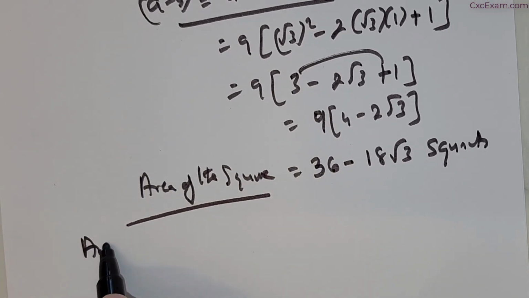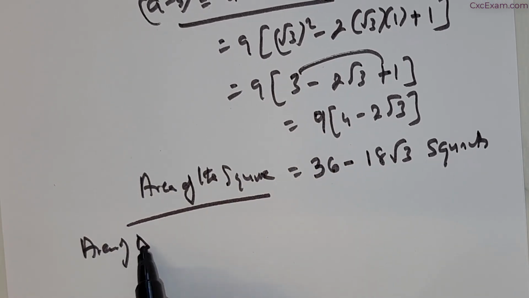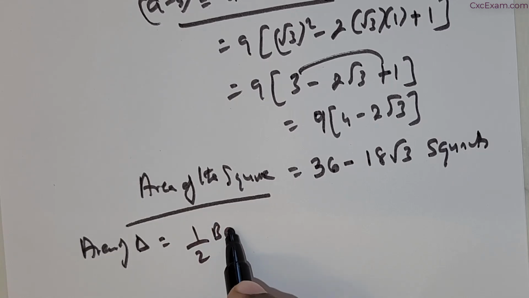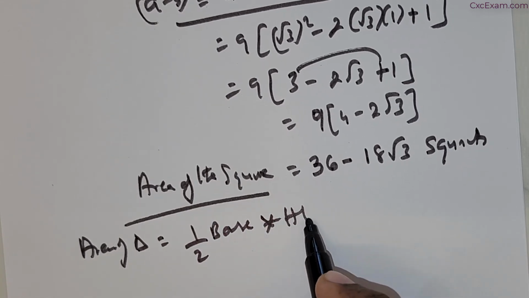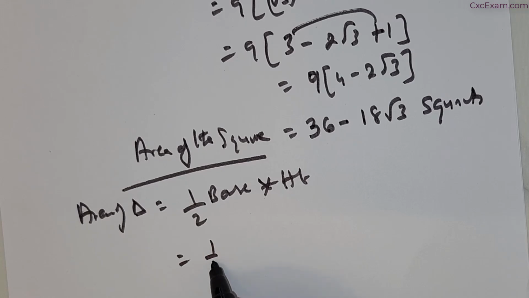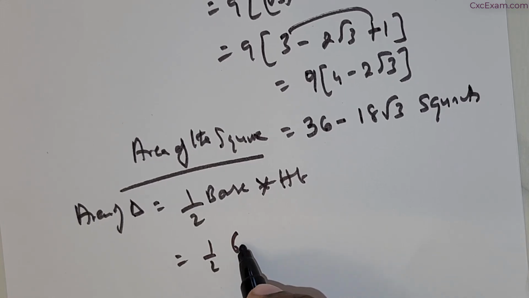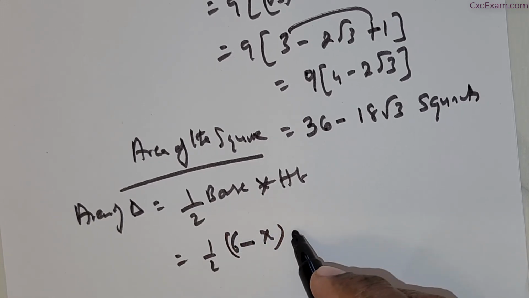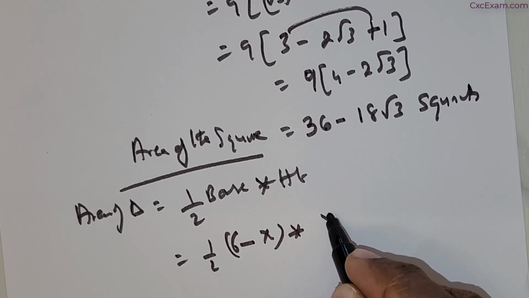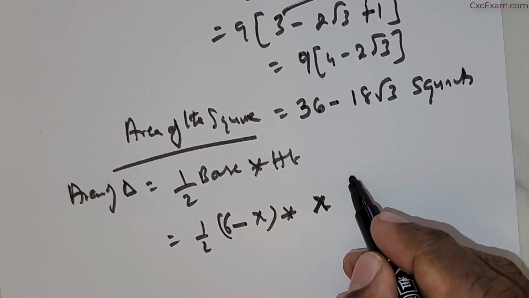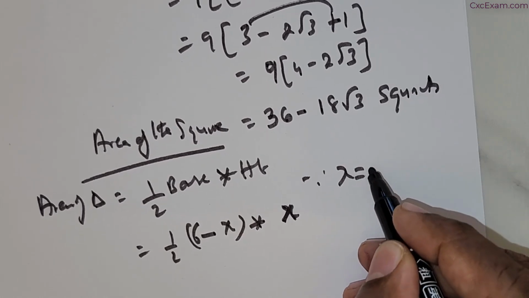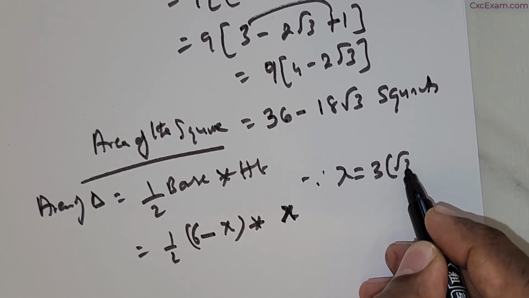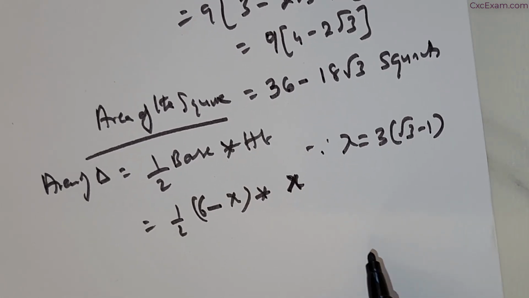Now we need to calculate the area of the triangle, which is half times base times height. Now clearly if you see, the base is 6 minus x, the height is x units, but my x value has been found to be 3 times the root of 3 minus 1.